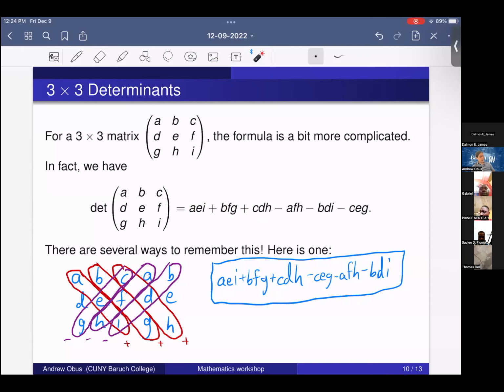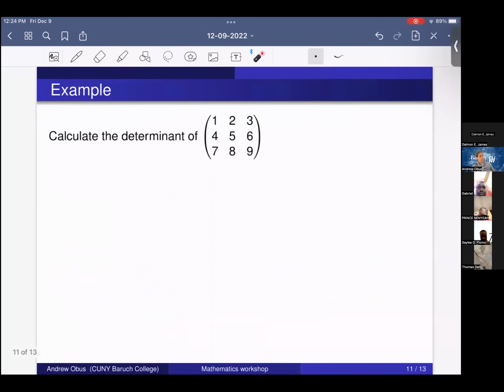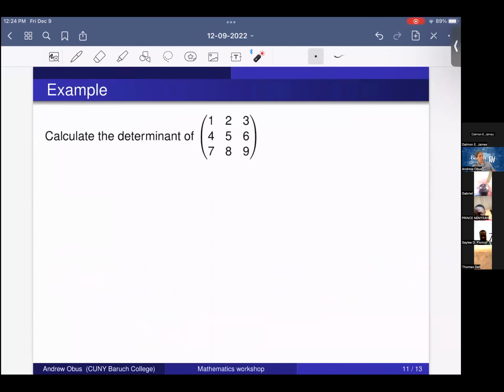And so we should do an example to make it a little more real. I want to calculate the determinant of this matrix: 1, 2, 3, 4, 5, 6, 7, 8, 9. So what do we get? I'm going to just use the trick.